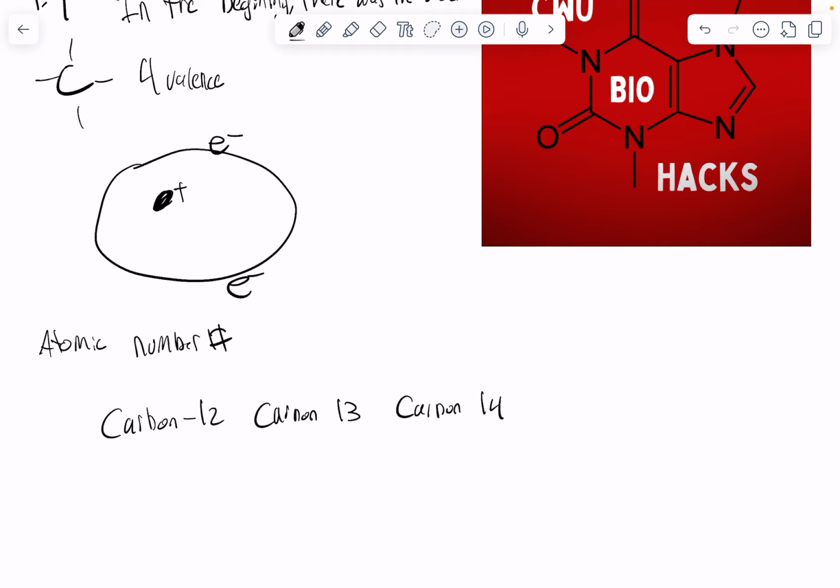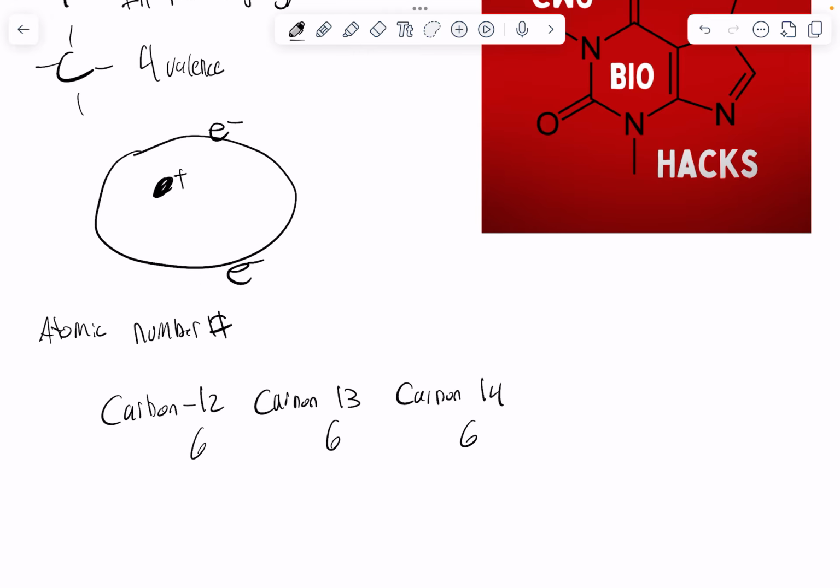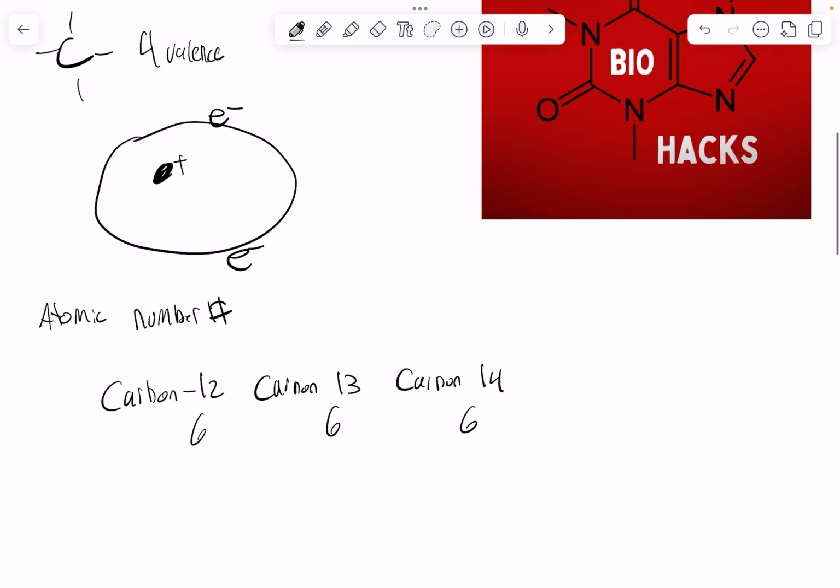These are isotopes. Isotopes are atoms with the same atomic number and a different mass number. Isotopes all have 6 protons, but they have a different number of neutrons, the neutrally charged particles in the nucleus, and that's what makes them isotopes.